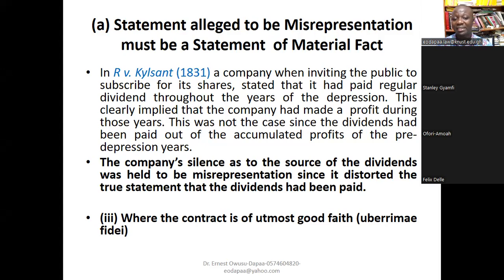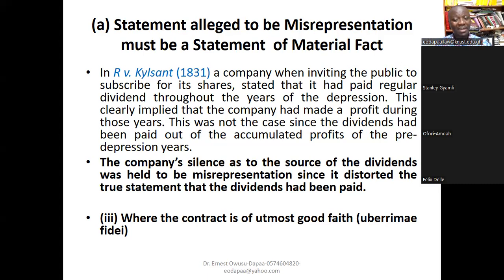of the pre-depression years. And the court was of the view that the company's silence as to the source of the dividends, that is where it got profits to declare dividends, was misrepresentation because it distorted the true statement that dividends had been paid.